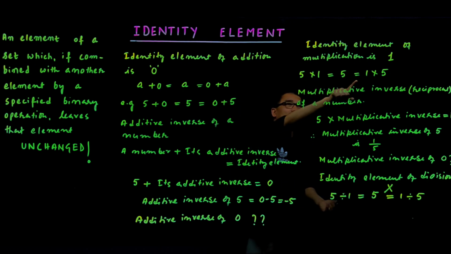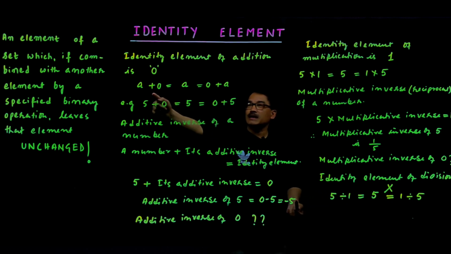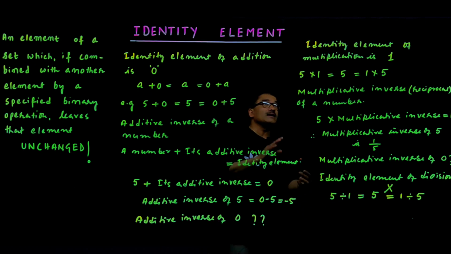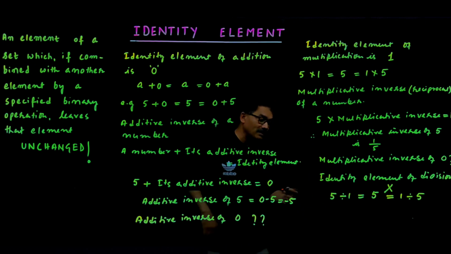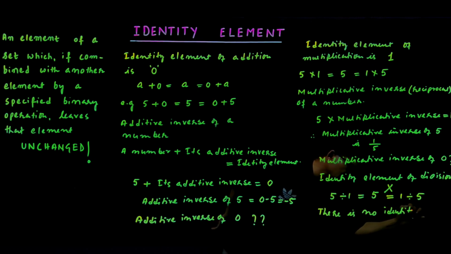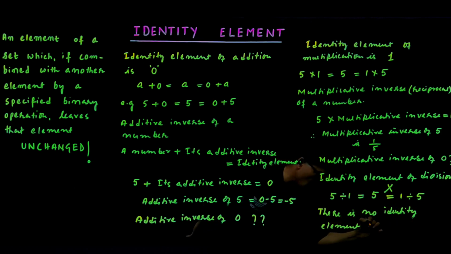As it was there in case of multiplication, as it was there in case of addition, it's not there in case of division, and therefore there does not exist any identity element of division.